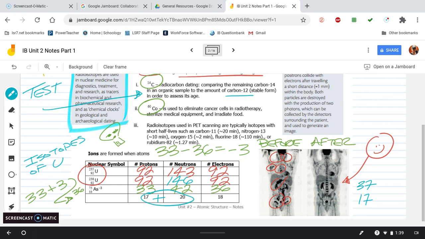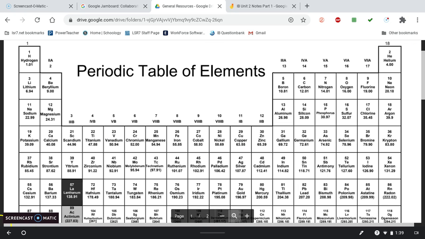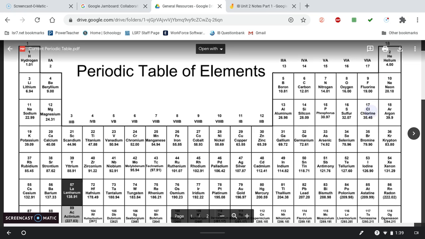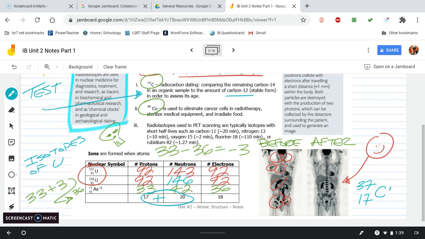Now we've got to look up number 17 and figure out what it is. You can look up number 17 on your periodic table, and you're going to find that it's chlorine. So right there, number 17. Let's come back over here and drop chlorine in. And then it has 18 electrons. So remember, protons minus electrons equals charge. And so we'll put a minus sign right there. So there we go.